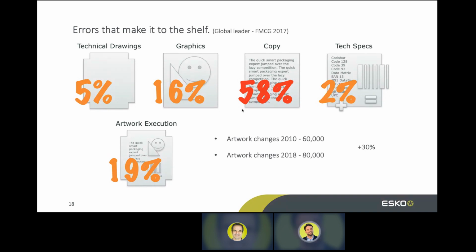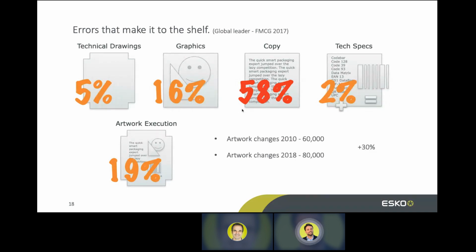We can see that 58% of the errors came from the copy. This can be from typing in the copy, this can be stripping copy from a Word document, or copy coming from external systems. But that's where a lot of the errors are happening.